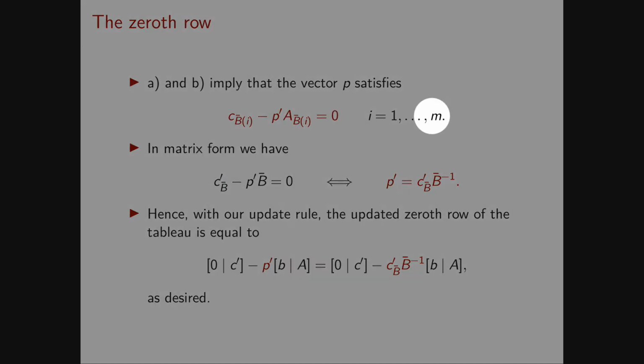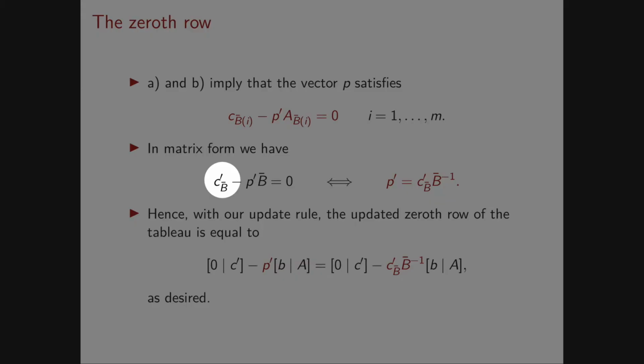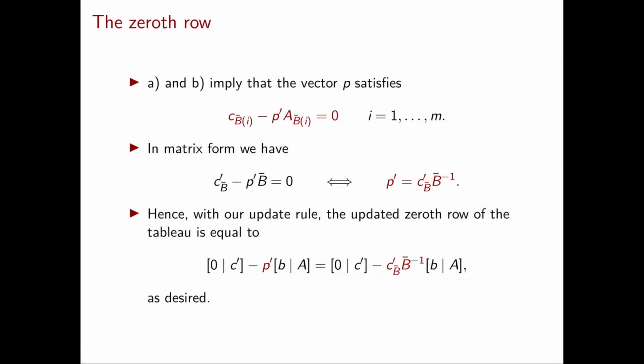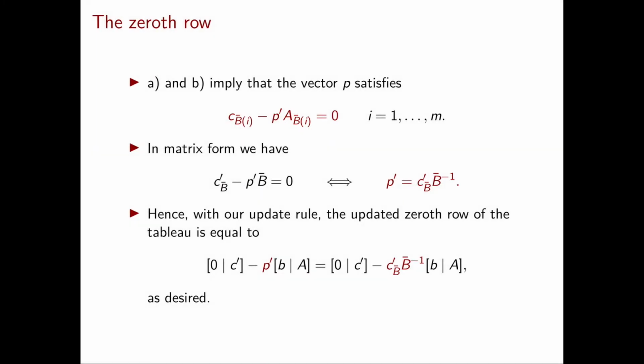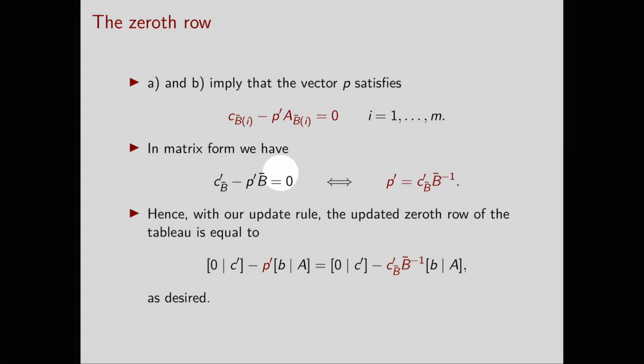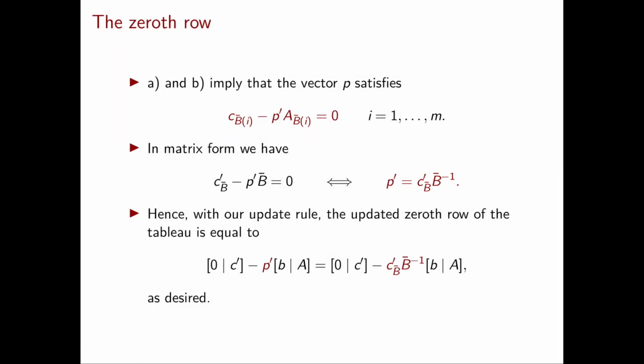We can now write nicely all these constraints in matrix form, C B bar transpose minus P transpose B bar equal to 0. And this is because B bar has columns A B bar I. Now we can solve this system by simply multiplying on the right by B bar inverse, and we obtain P transpose equal to C B bar transpose B bar inverse. And this is exactly what we needed to obtain.